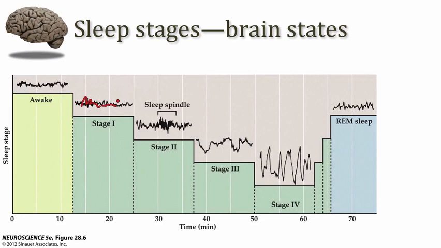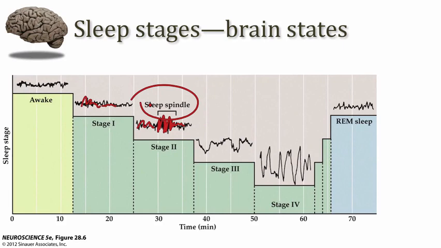In stage 2 sleep, the next deeper stage, we see an increase in amplitude, and then we see the emergence of a very particular feature that is characteristic of this stage of sleep. It's called the sleep spindle. This sleep spindle is a very brief, just a few seconds, burst of high frequency activity that occurs in clusters.